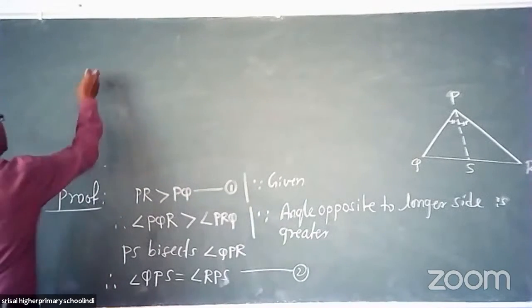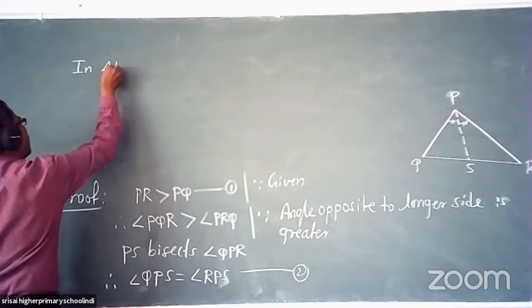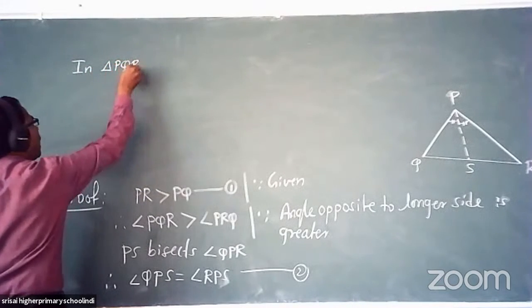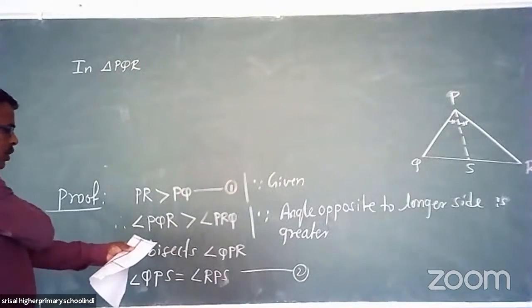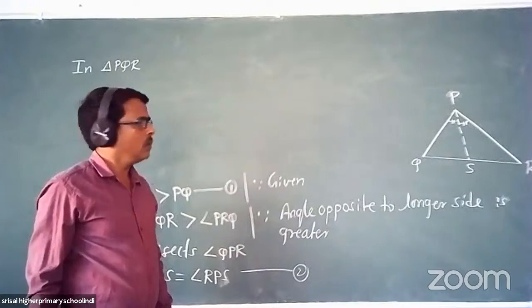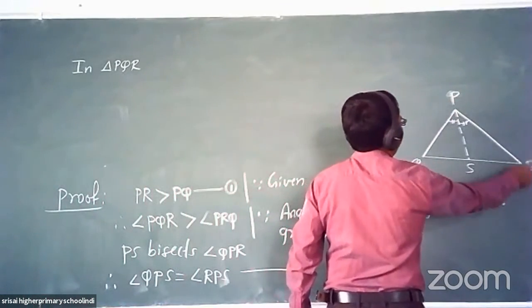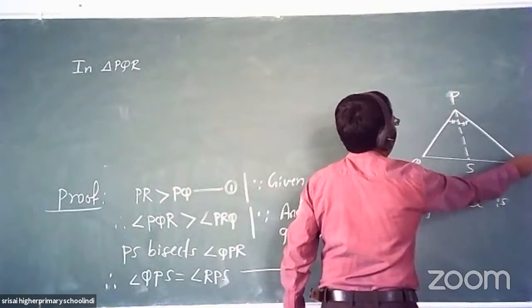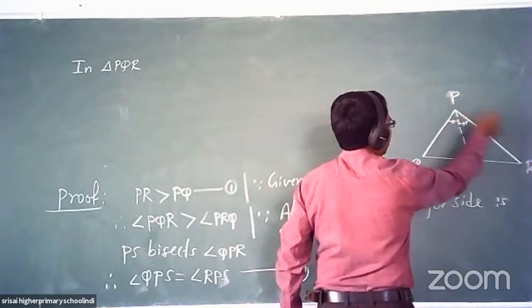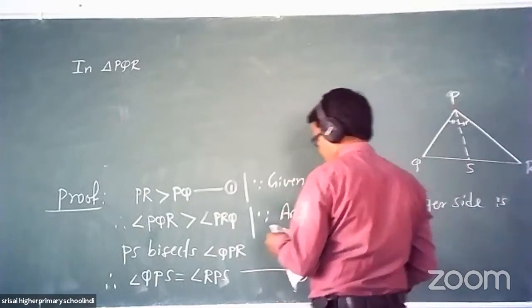In triangle PQR, sum of angles of a triangle is 180 degrees, we know. So angle QPR plus angle PRQ plus angle RQP is 180 degrees.